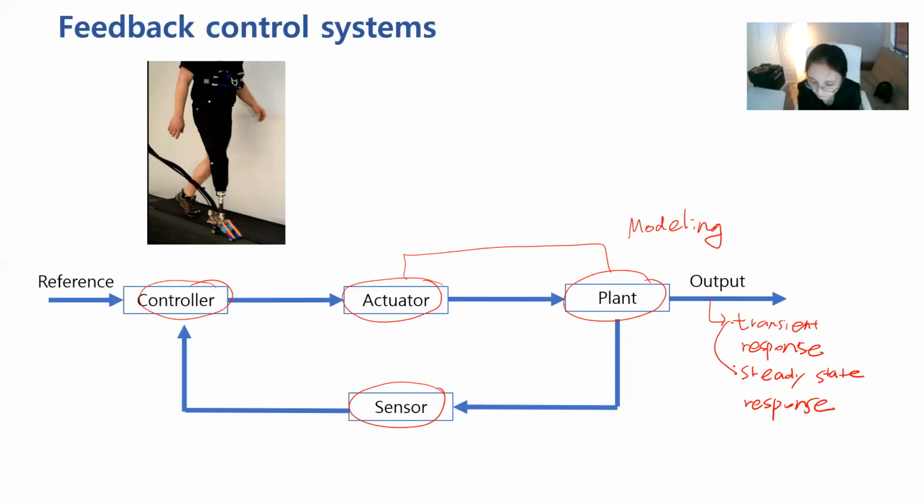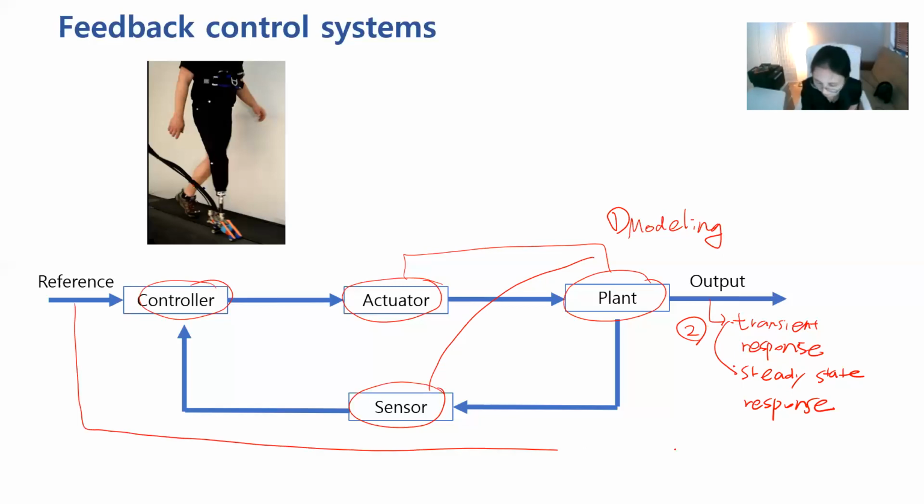So this is system response. So you will first learn how to model such an actuator and then plant and even sensor. And you will learn how to analyze the transient response and the steady state response by comparing the reference and output. Then the final step is designing a controller to make the response faster with minimal error. So this is it.